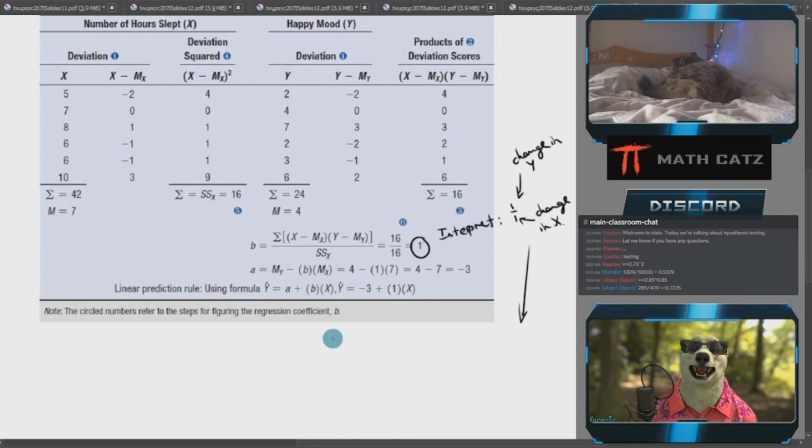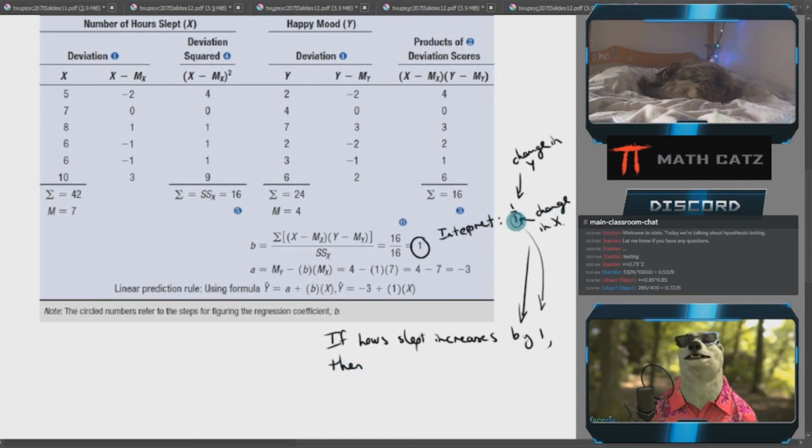So if hours slept increases by 1, this 1, I always write it bottom up. So I look at the change in the x variable and then the corresponding change in the y variable.